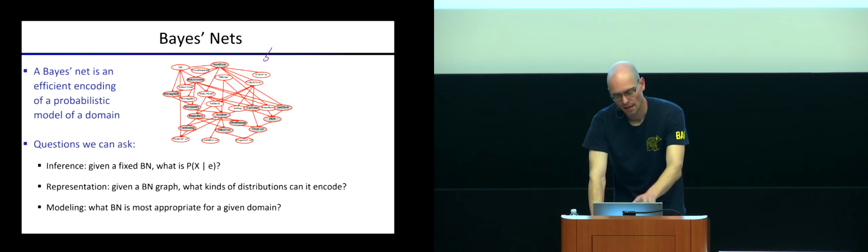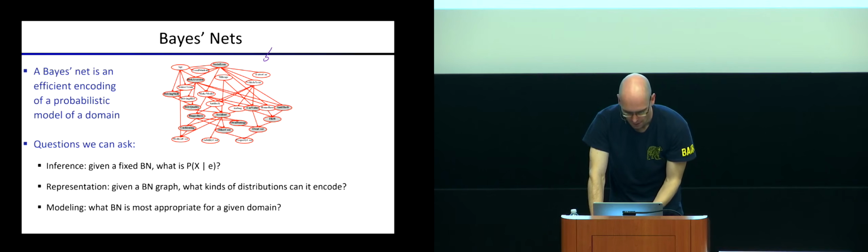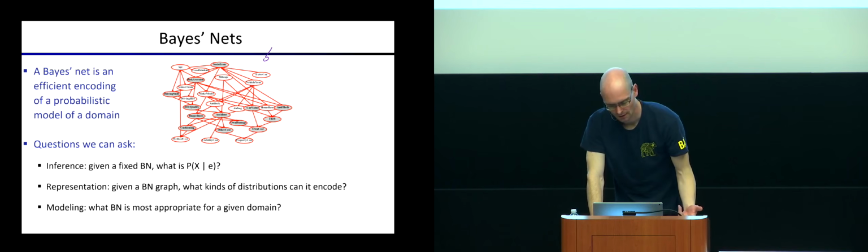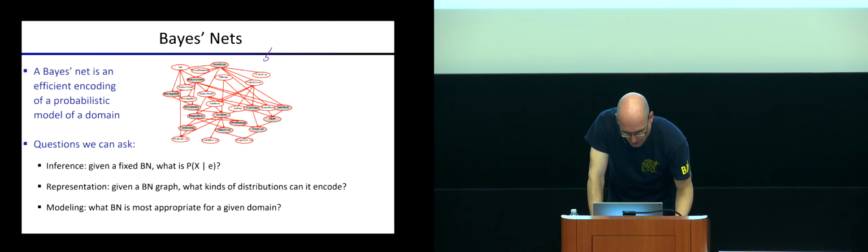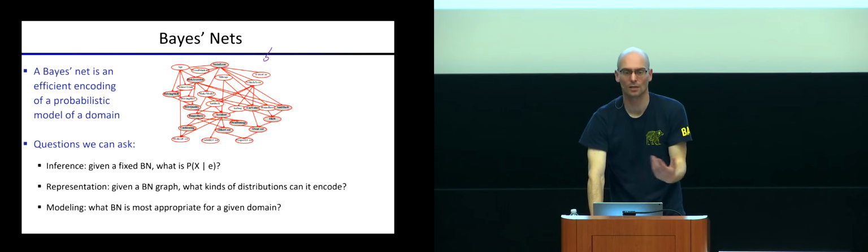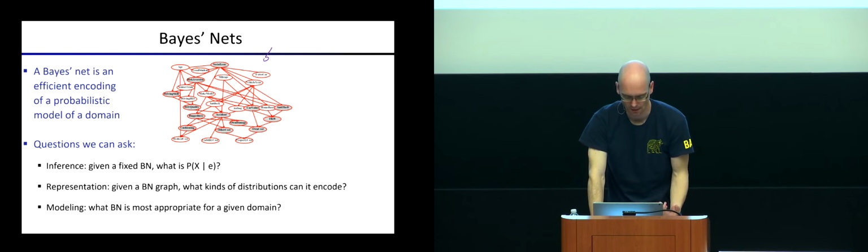And this graph is sketching out, in some sense, how these variables relate to each other. For example, age might affect driving skill, and age might affect medical cost in case somebody gets in an accident, and so forth.